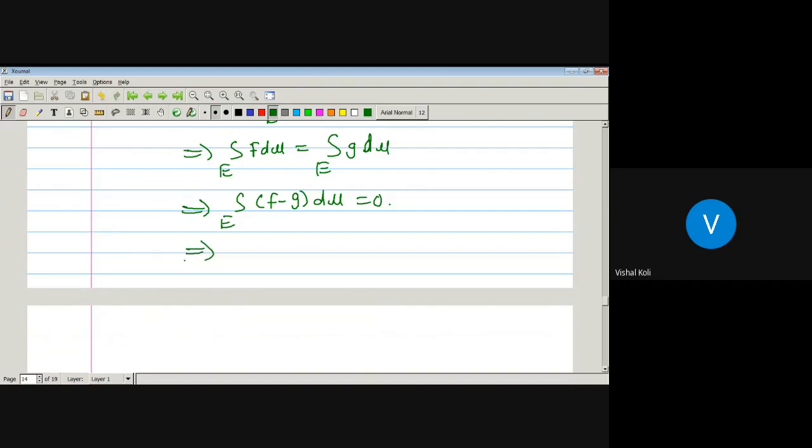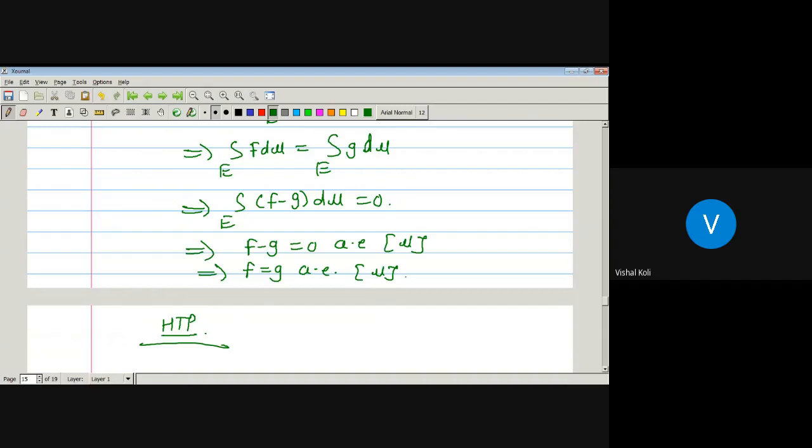So f minus g equals 0 almost everywhere with respect to the measure mu, which implies f is equal to g almost everywhere with respect to the measure mu. Hence, if g is any other measurable function with this property, then it coincides with f, and hence the required result, hence the proof. So here we have proved the result is true for a finite measure space.